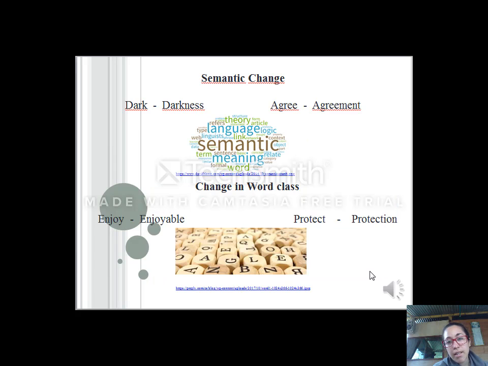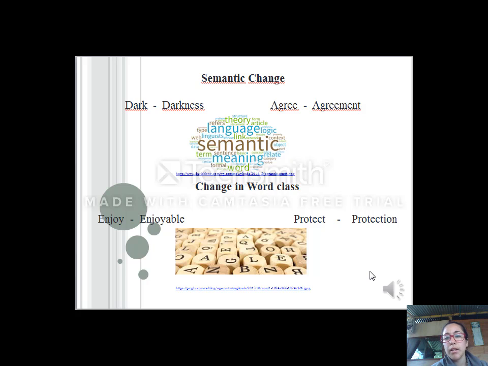Semantic change is evidenced when a modern word involves a change in its meaning and its use. For example, dark and darkness.